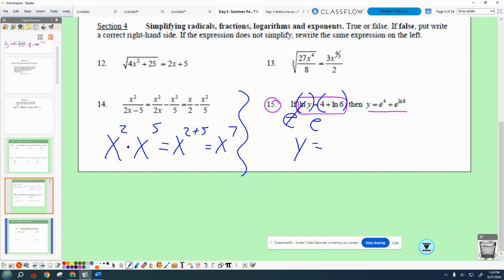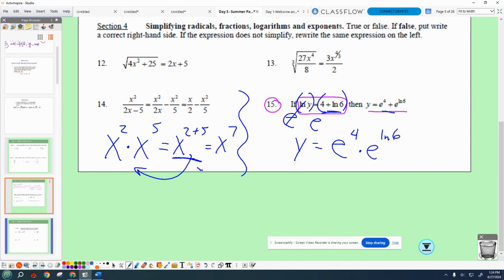Okay, so you guys always skip over this. You do the addition in your head and you go right there. I'm showing you the addition here. How do I pull the addition apart? You multiply e to the fourth times e to the ln of 6.